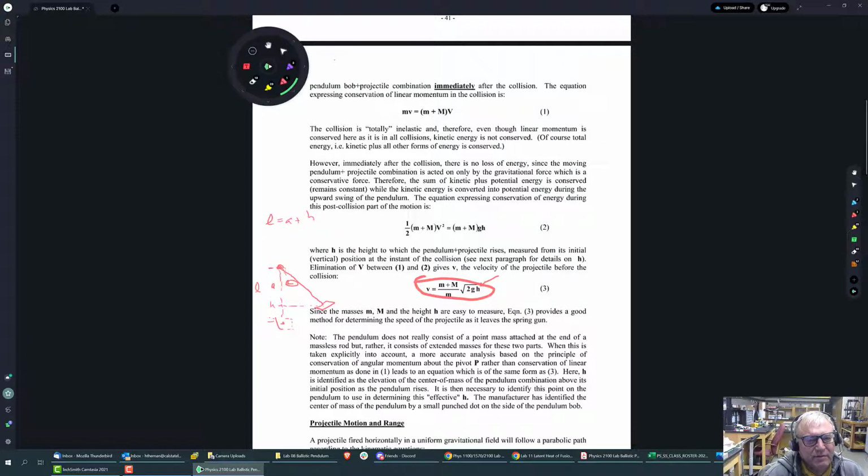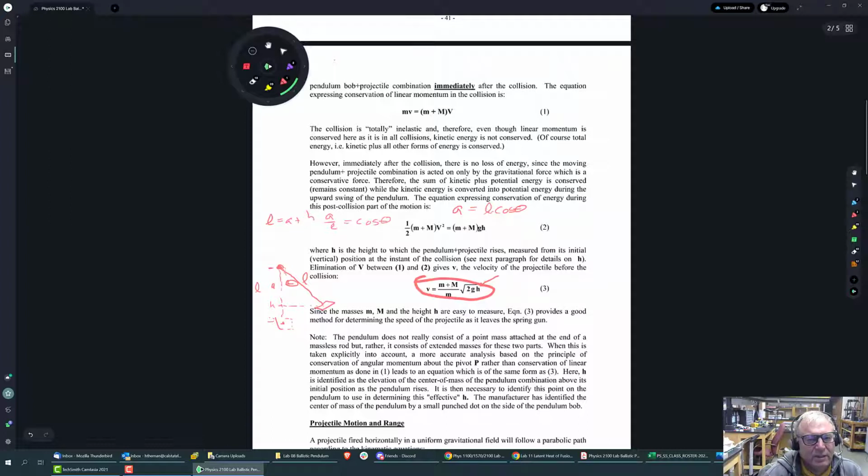L is also the length of the pendulum. Now when we look at this, we notice that A over L equals cosine theta. We can rearrange this so A equals L cosine theta.